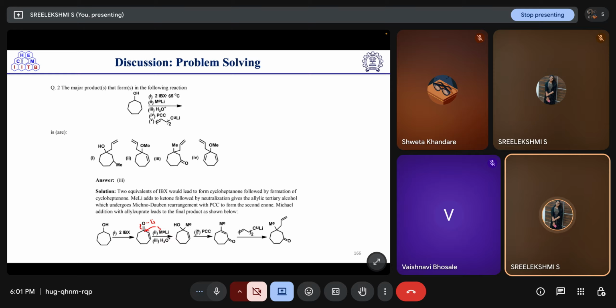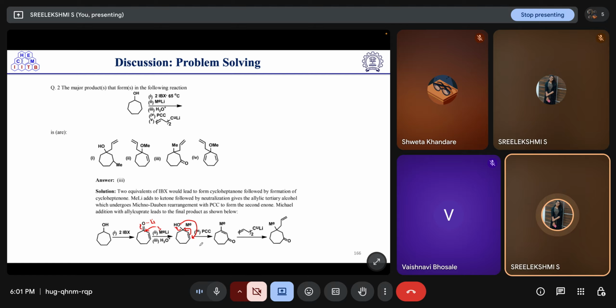Then further, what will PCC do? So this is an allylic alcohol. So PCC will help in the oxidative transposition of the allylic alcohol. That mechanism we have also seen. Like, this oxygen will attack over this position, this will migrate to here and this will break.